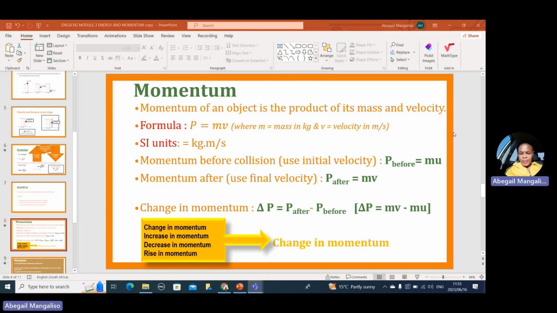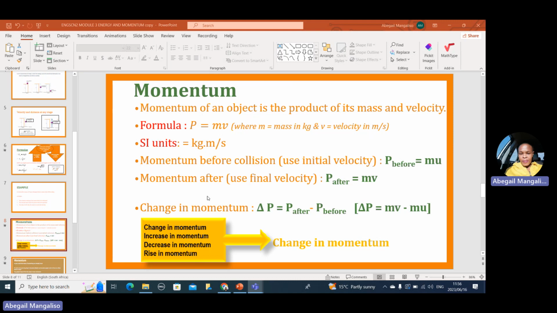Now, we can have a case where you calculate momentum of objects that collide. Momentum before collision uses the initial velocity: P before equals m multiplied by u. Momentum after uses the final velocity: P after equals m multiplied by v. You can also calculate the change in momentum.